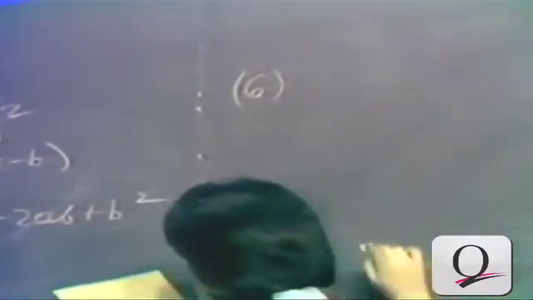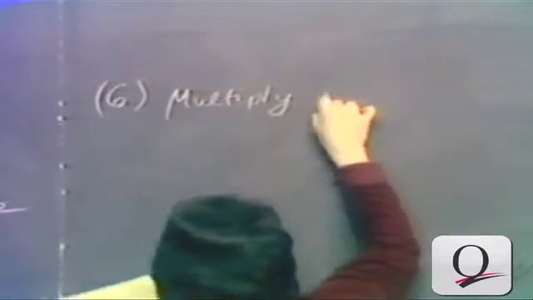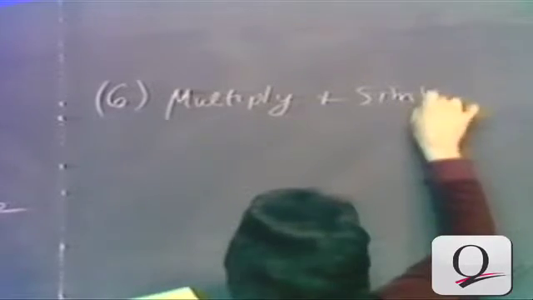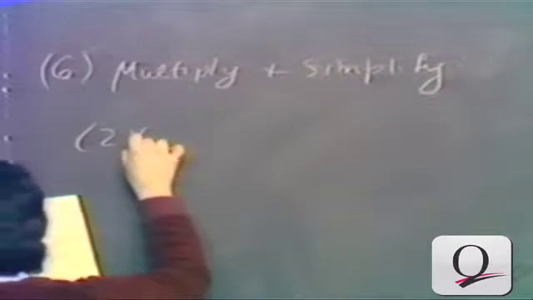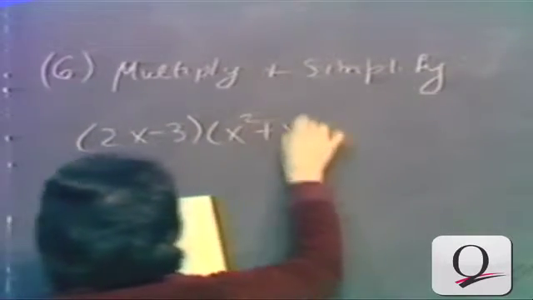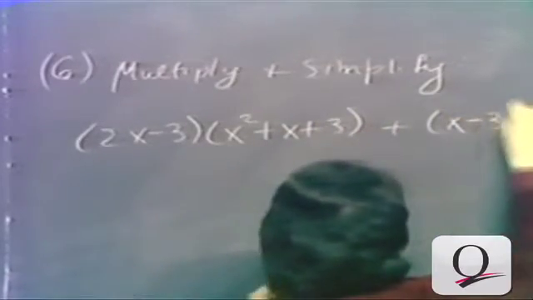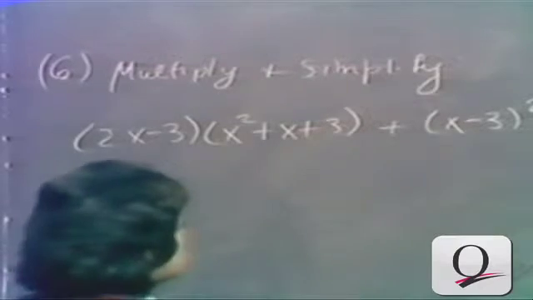In example 6, we want to multiply and simplify (2x minus 3) times (x squared plus x plus 3), plus (x minus 3) squared.